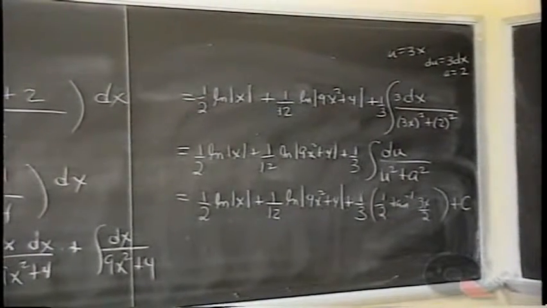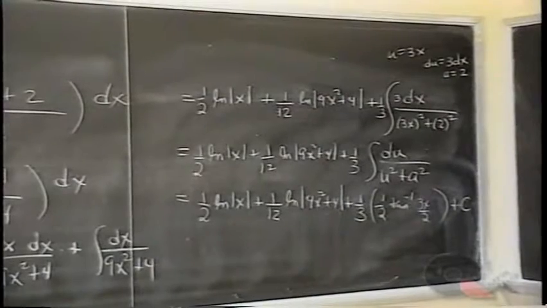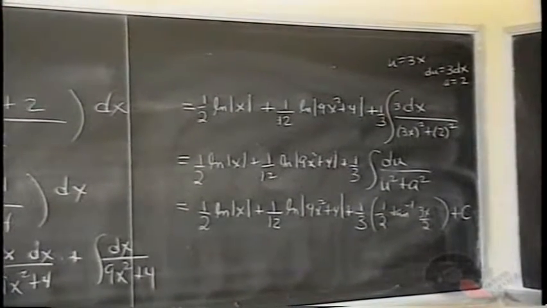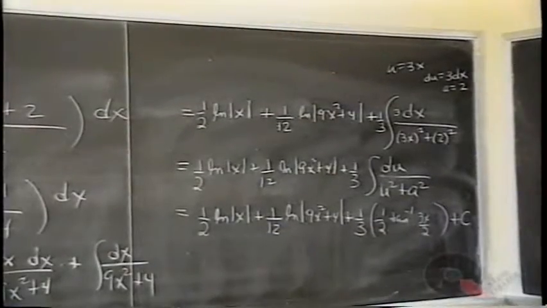So 1/2 ln the absolute value of x plus 1/12 ln of 9x squared plus 4 plus 1/6 inverse tan of 3x over 2 plus c.